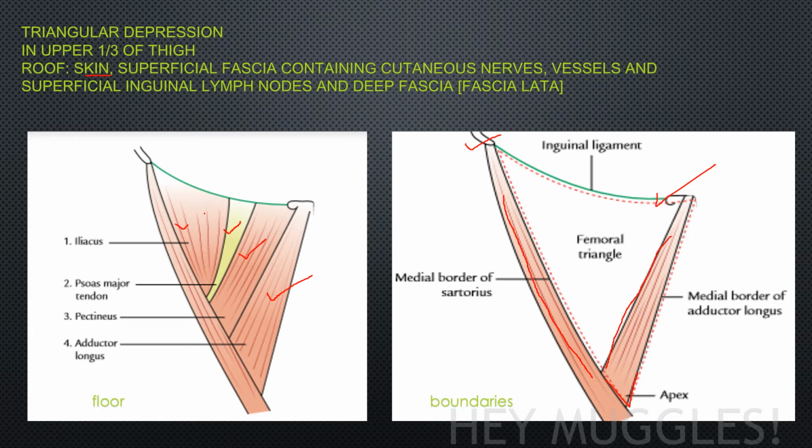Then we have superficial fascia, which contains superficial branches of femoral artery and accompanying veins, superficial inguinal lymph nodes and cutaneous nerves, right? And then we have deep fascia, that is your deep fascia of the thigh, fascia lata.